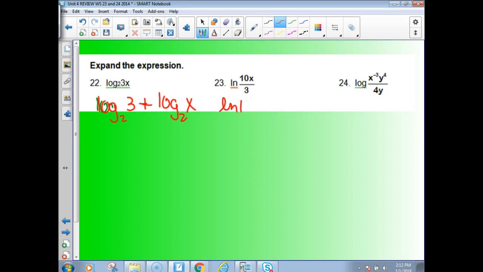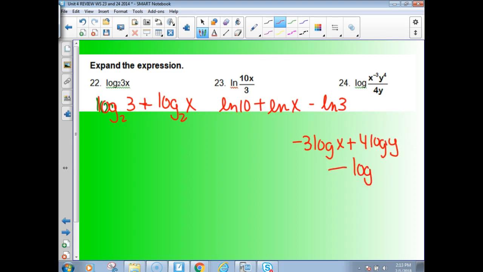Next one should be the natural log of 10 plus the natural log of x minus the natural log of 3. And the last one there should be -3 times the log of x plus 4 times the log of y minus the log of 4 minus the log of y.